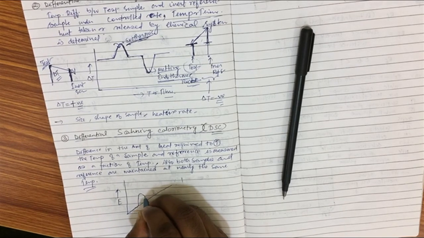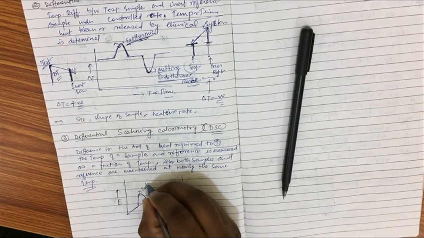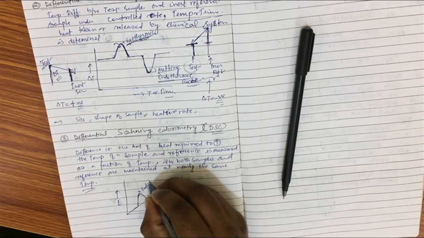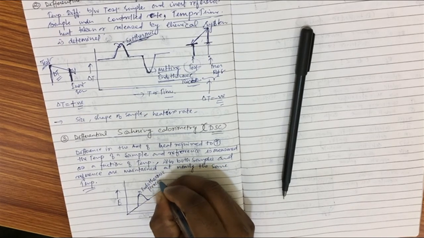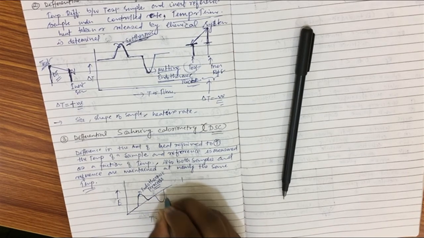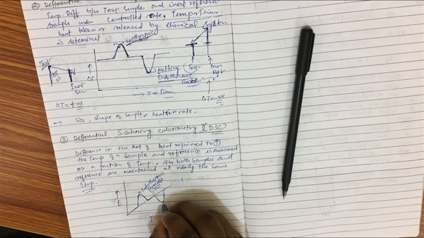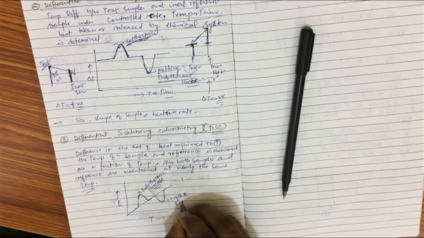So a peak will come like this. Okay, so here the same endothermic process will happen. Then after this it stays constant, then again it crystallizes. So like this a peak will come. So this is for crystallization, exothermic.